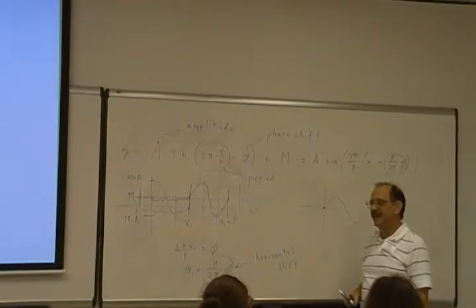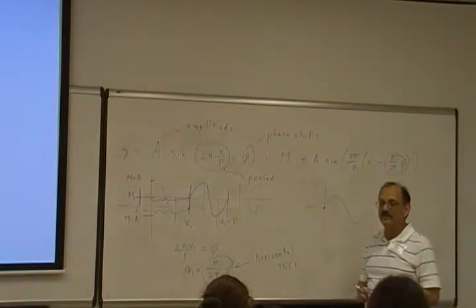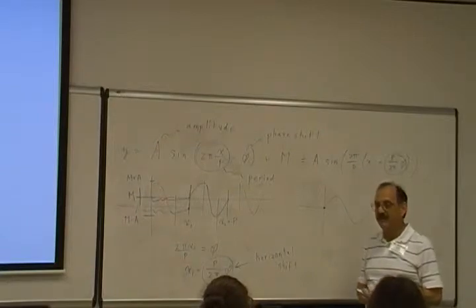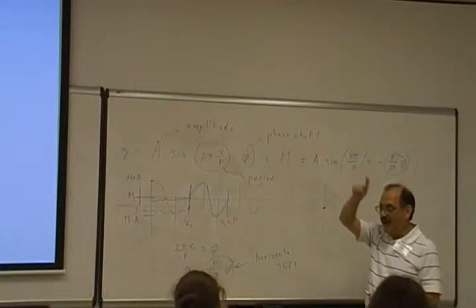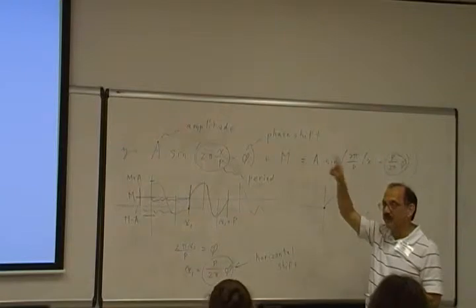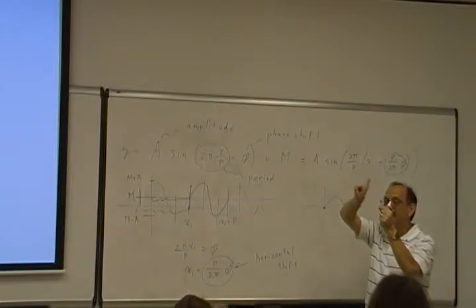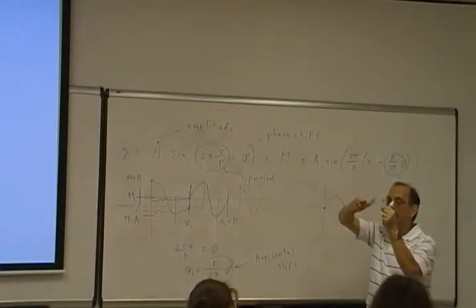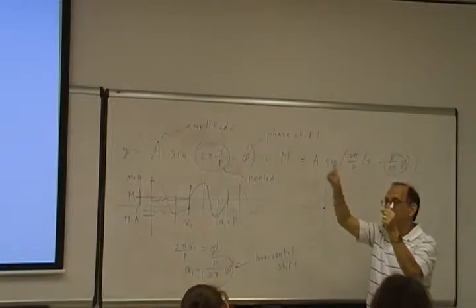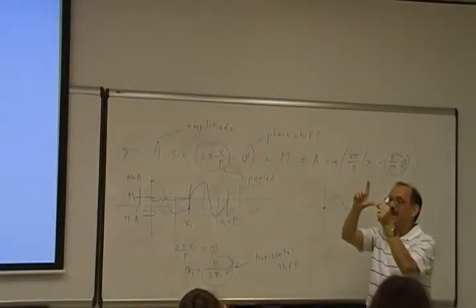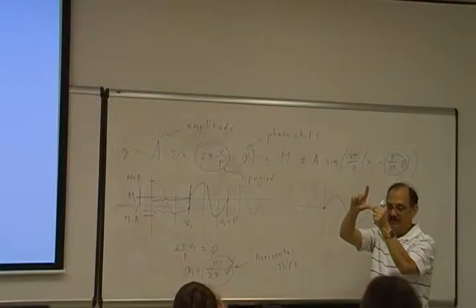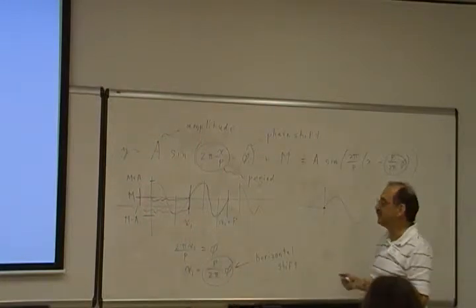But the words leading and lagging are even more confusing than what phase shift is in the first place. It's the amount by which we're out of sync in going around the circle. You start here normally and come around, but if you don't start there and you start here and go around, then it's that angle that you've missed. That's called the phase shift.